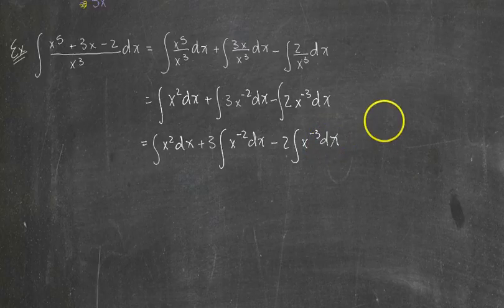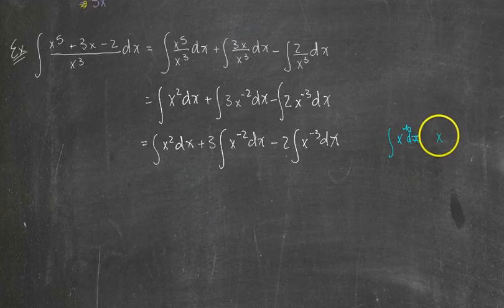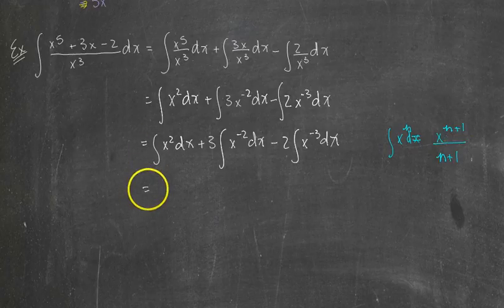So now I can just use my rule that the integral of x to the n dx equals x to the n plus 1, divided by n plus 1. So let's go ahead and do that. So this one is x, 2 plus 1 is 3, divided by 3.